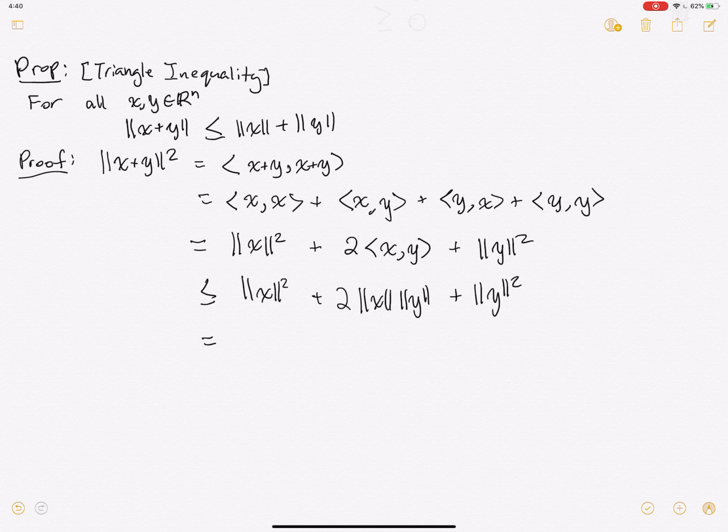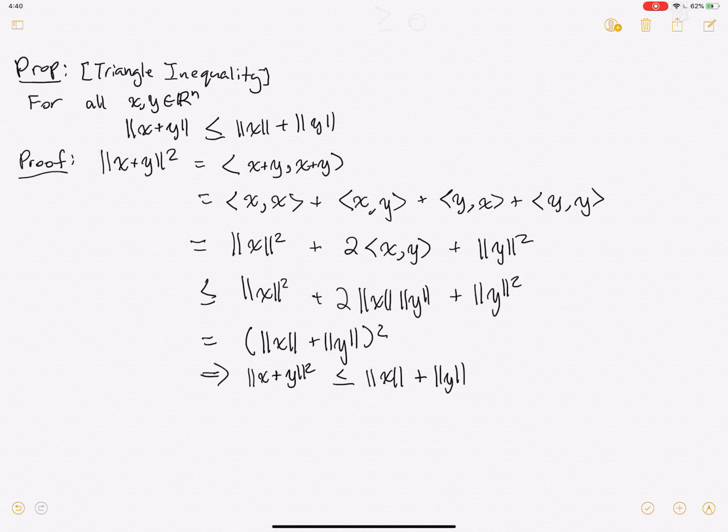And then you do a quadratic factoring again, because these norms are just real numbers. Giving you, as required, norm of x plus norm of y, squared, and that's it.